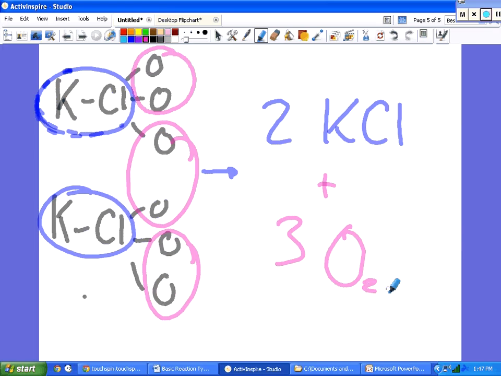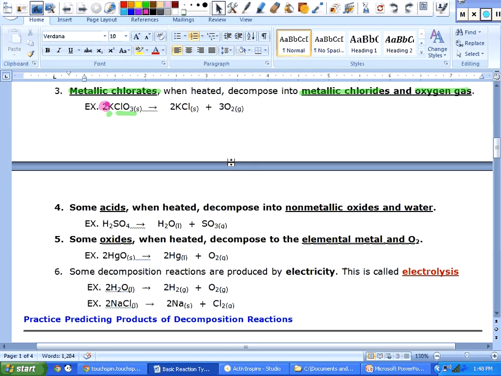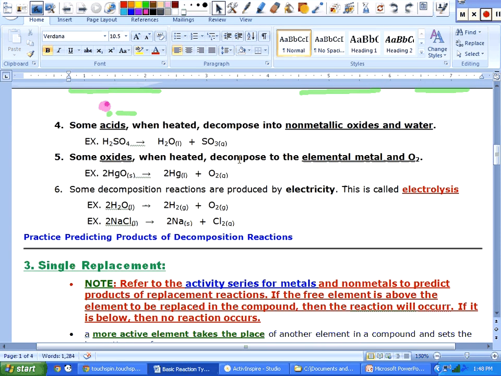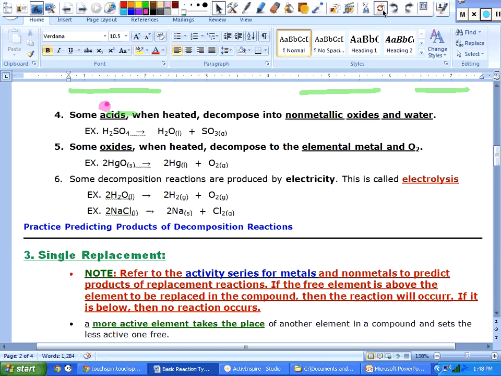Schematic? Google it. How do you spell that? S-C-H-E-M-A-T-I-C.